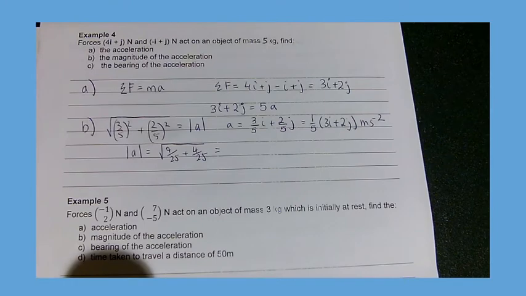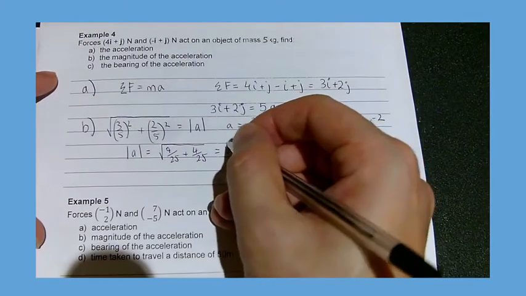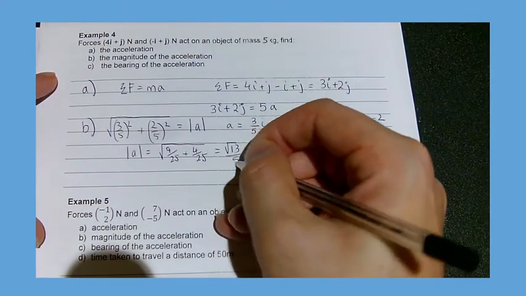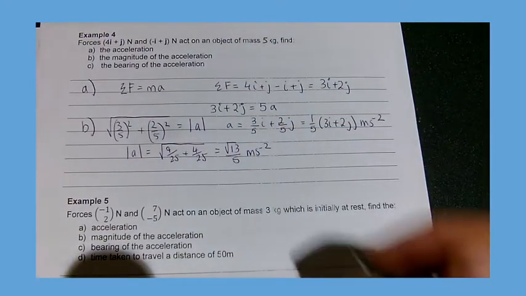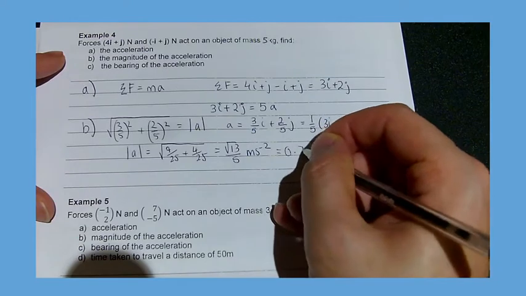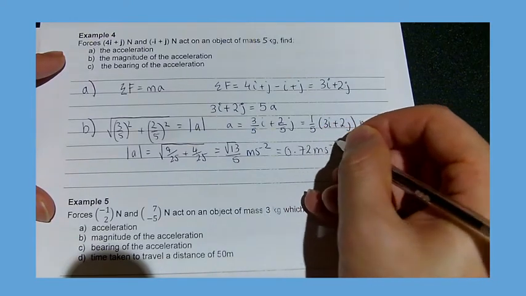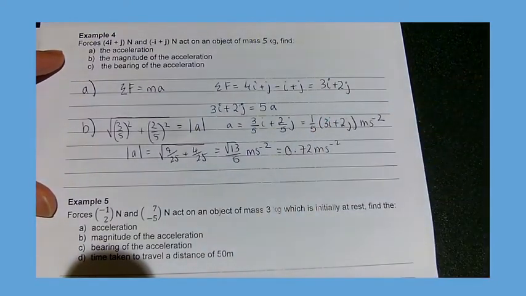Okay, and we square root that, you get root 13 over 5 meters per second squared. And if you evaluate that, you get 0.72 meters per second squared. Okay, so that is the magnitude of acceleration.